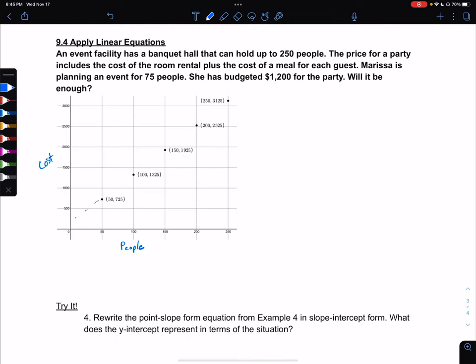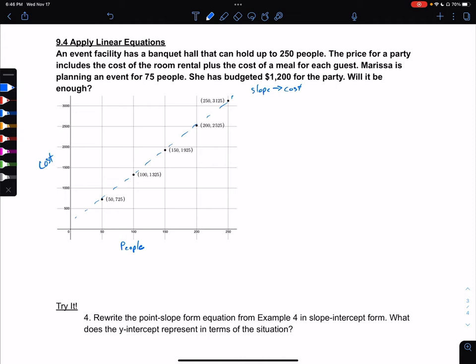And as this increases, it's a linear equation, so it's going to go up at the same rate, which means the rate that this is increasing, which is our slope, the slope is the cost of a meal. All right, whatever amount of people, we'll figure that out based on what's going on here.